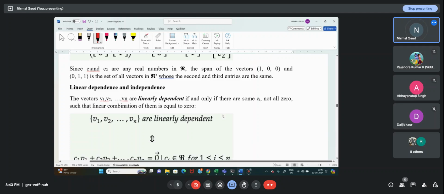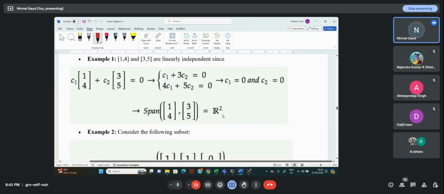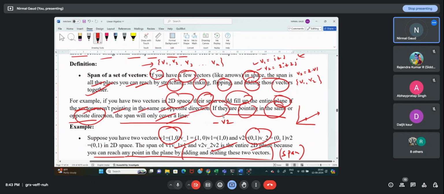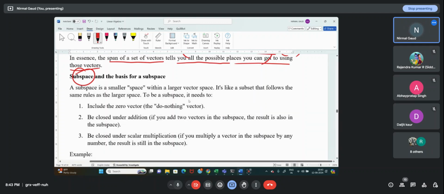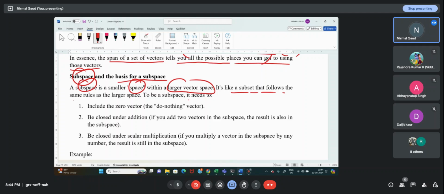Now the next concept is about subspaces. Subspace and the basis for a subspace. This is the next concept in vectors. Now, what is a subspace? A subspace is a smaller space within a larger vector space. It is like a subset that follows the same rules as the larger space.